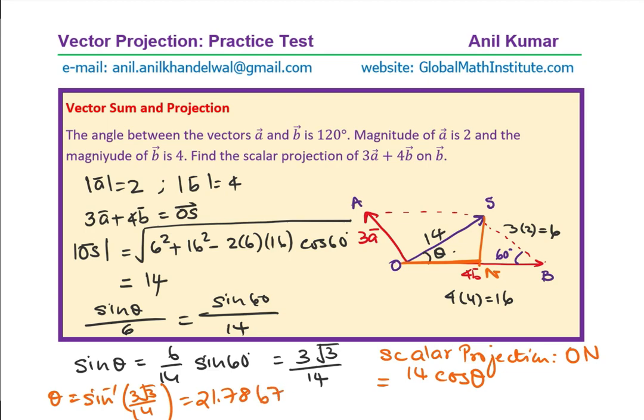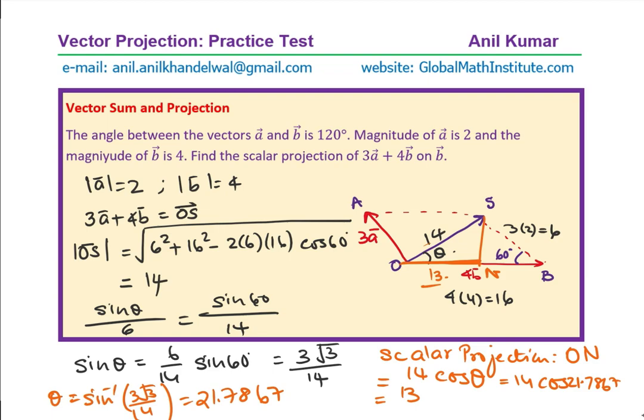So when you plug in this value here, we have 14 times cos of 21.7867, you get 13, right? So the scalar projection comes out to be 13. You get the idea. So that is how we will actually solve this particular question.